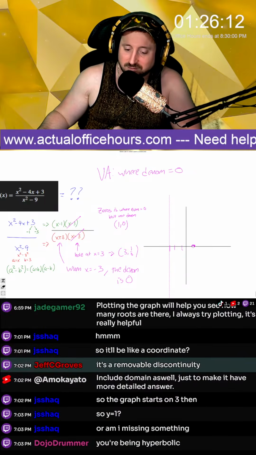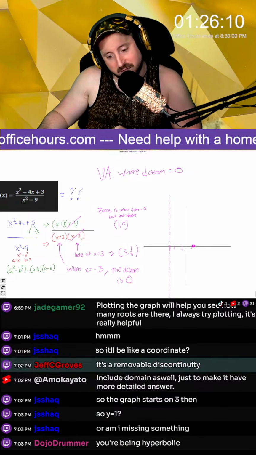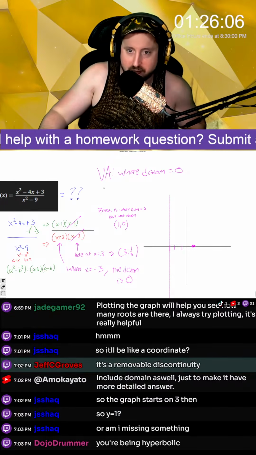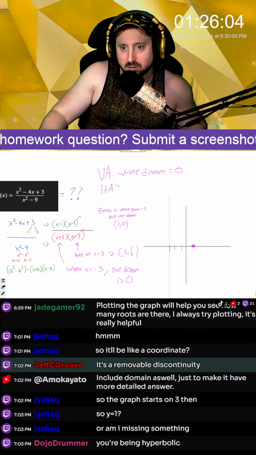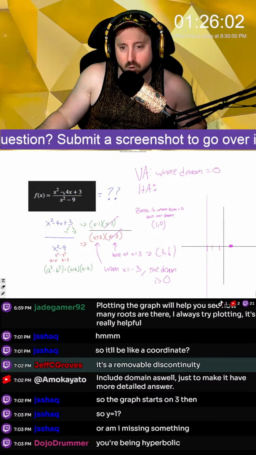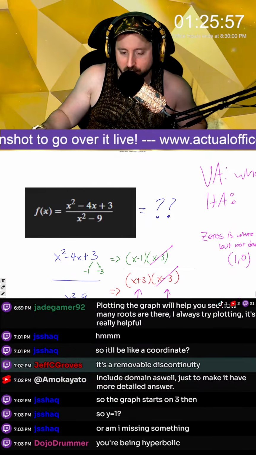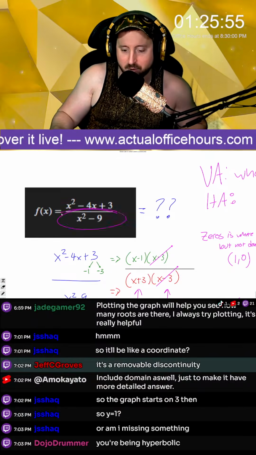Okay. And then I think the next thing you could do is figure out where the horizontal asymptote is. Determining horizontal asymptotes, you don't even have to look at this. You can look at your main thing here, and you're just going to compare what's the biggest power on the top to the biggest power on the bottom.